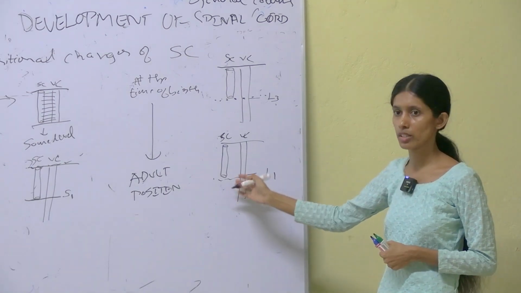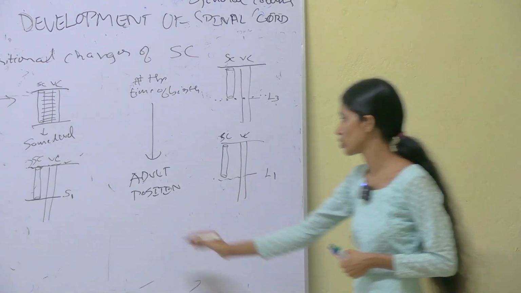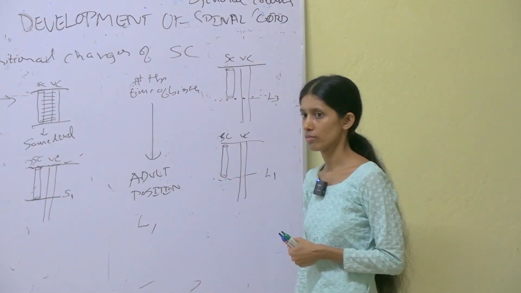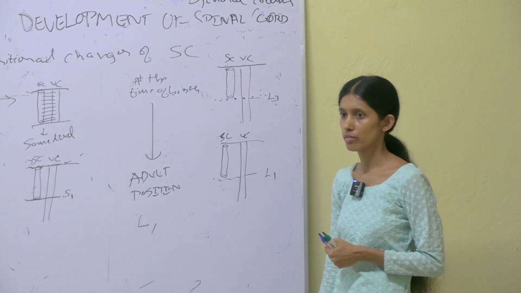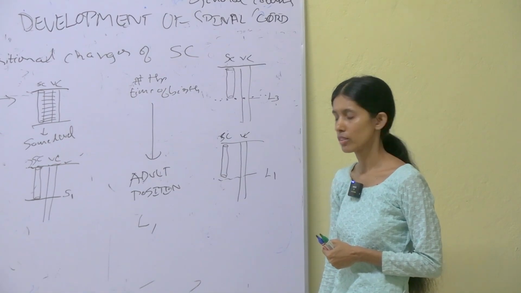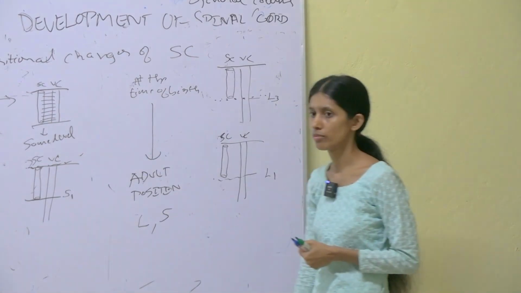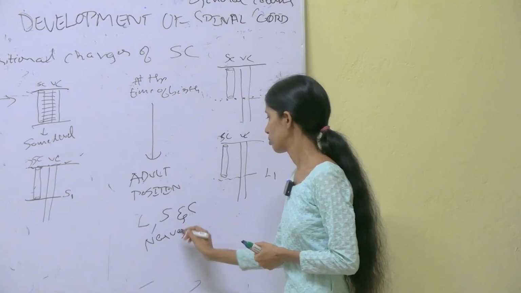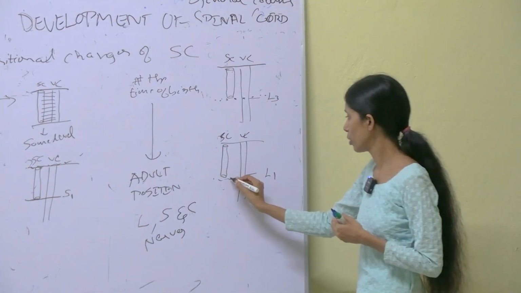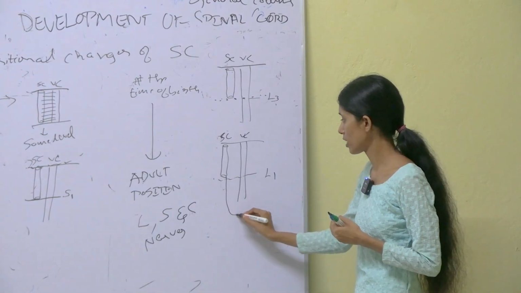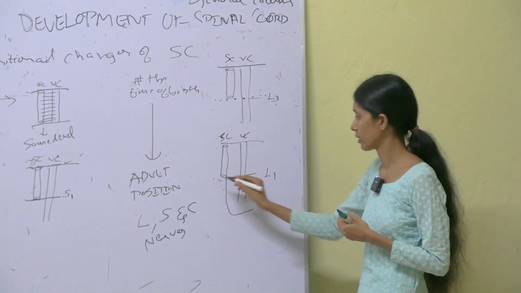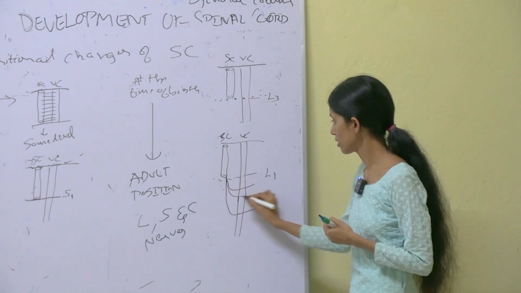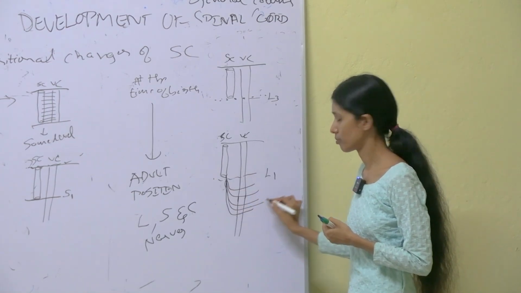The spinal nerves that are present below L1, that is your lumbar and sacral, will move in the downward direction and also towards the lateral side like this. Okay. Here your vertebral column is there, it will move like this.